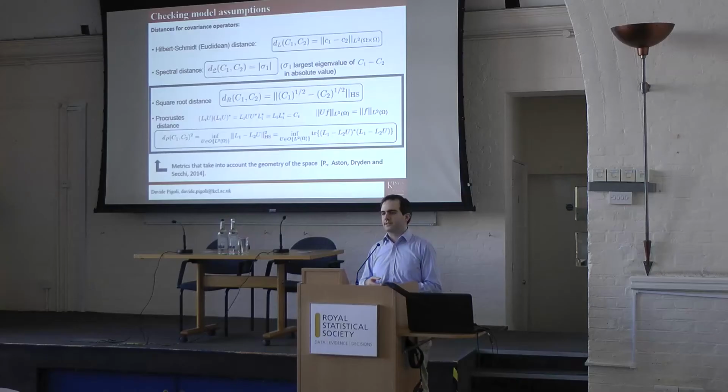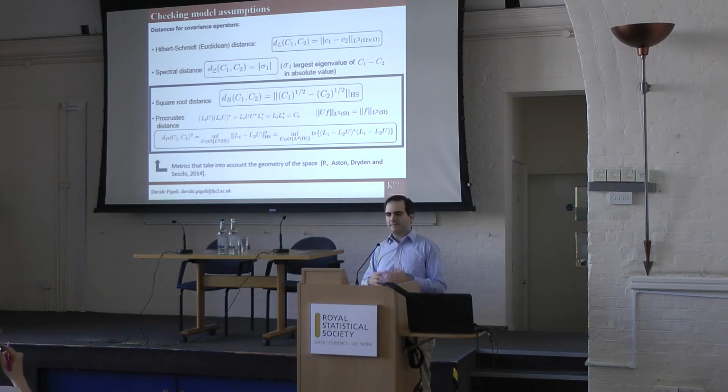Or you can look to a second family of distances, which are the ones that take into account the geometry of the space. This is, for example, the square root distance, which uses the square root transformation to map the covariance operator into the space of symmetric operators, and then there you can use your linear metric.